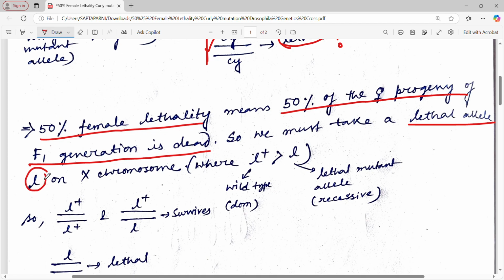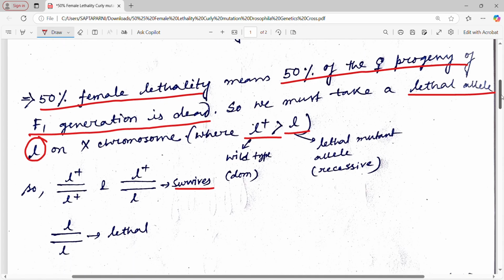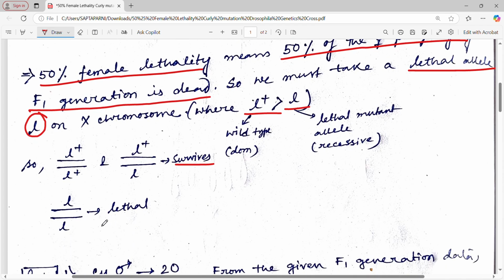And you must remember that L plus is dominant over L. So L is the lethal mutant allele and L plus is the wild type allele. So if there is L plus L plus or L plus L, the progeny survives, but if there is LL, then the progeny gets dead.